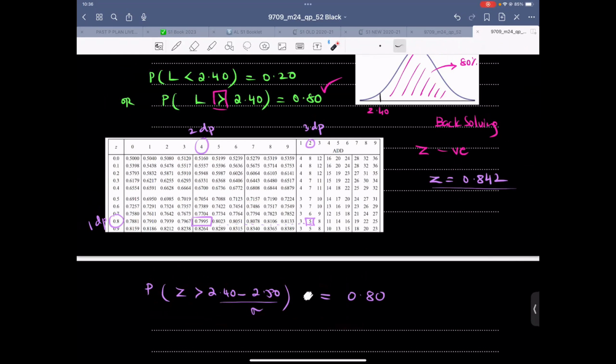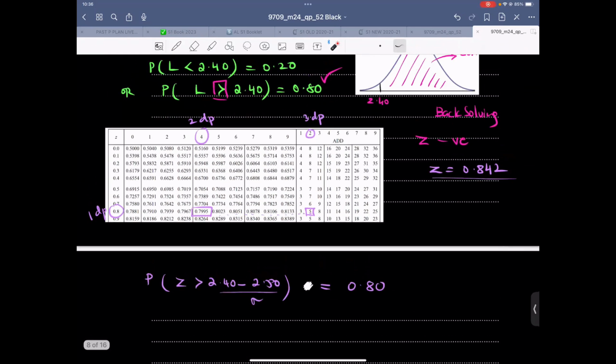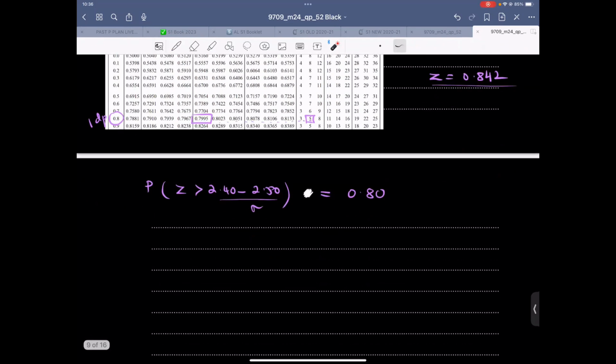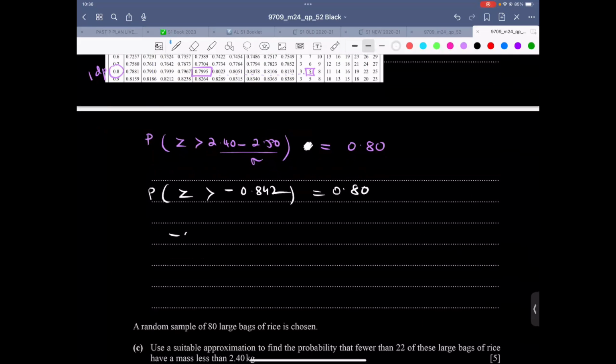So I got into a bit of a hurry. I was more interested in the table, and that's what happens to people. So first standardize, then go to the table, write down this value, but now you have to give it a negative sign. So therefore, we will write probability z is greater than some value is 0.80, a negative, and this is 0.842. And therefore, negative 0.10 over sigma is negative 0.842.